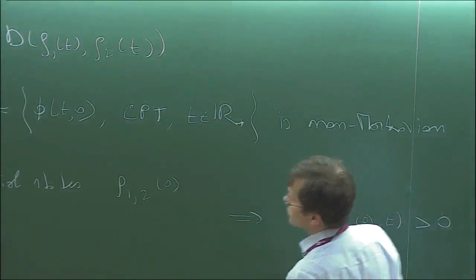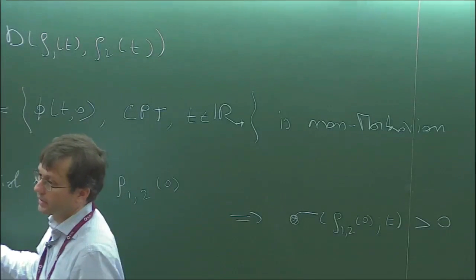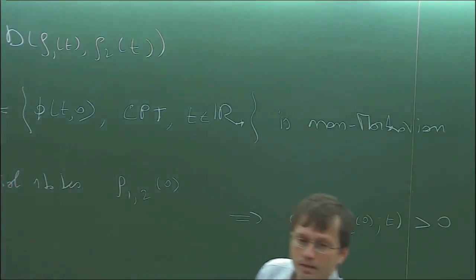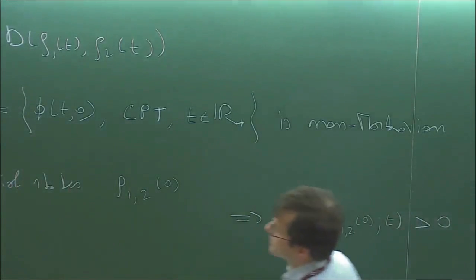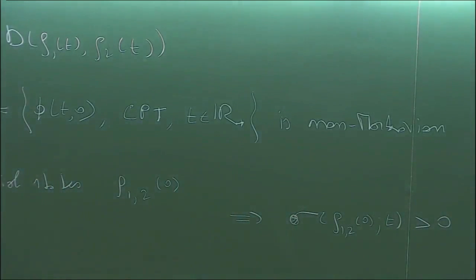Of course, here one could write if there exists at least a pair and at least a time such that. So in a sense, we use this revival of the trace distance as a signature of non-Markovianity.